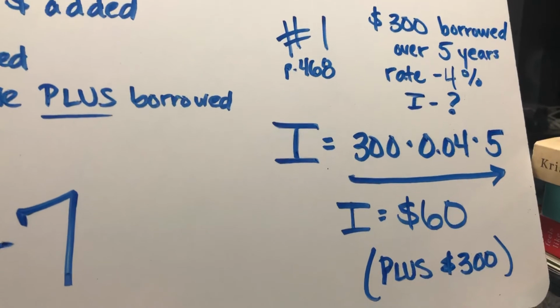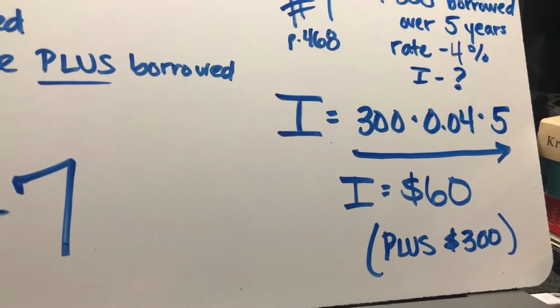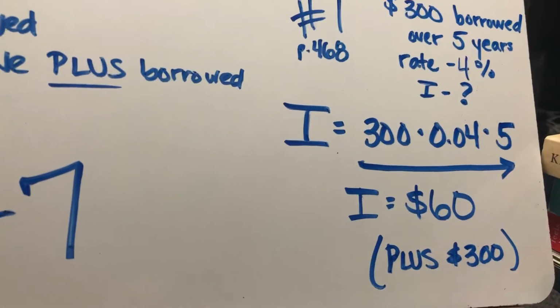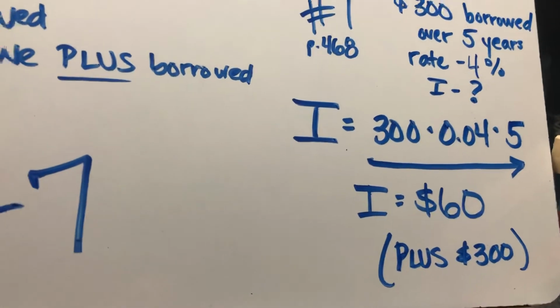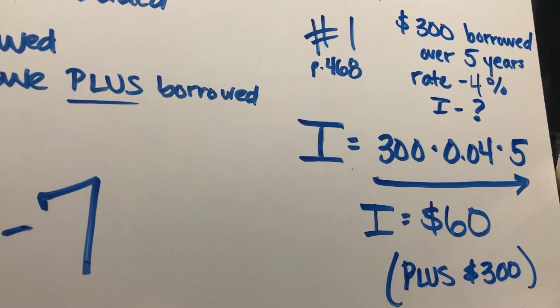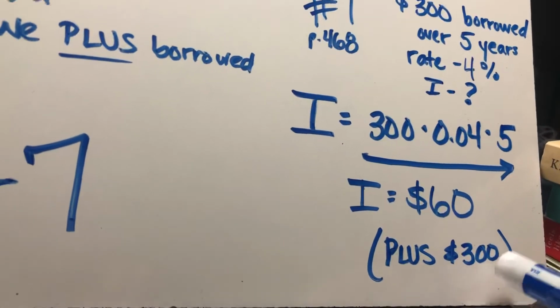And so I multiply them left to right. That's what my arrow is doing there. And it comes out to be a nice even 60. And so as I put my label back into my problem, that's $60. So the interest is $60. The bank is going to charge me $60 extra to borrow my $300.